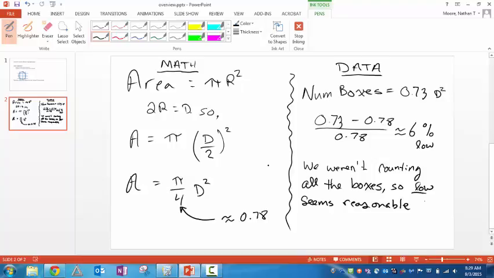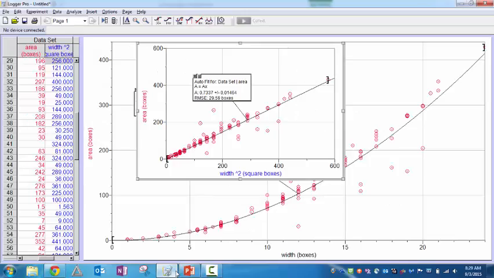So how can we relate that to what we've already done? The number of boxes is like the area. Experimentally, we found that 0.73 diameter squared described the area. That's what this graph right here tells me, and what the graph behind it tells me.